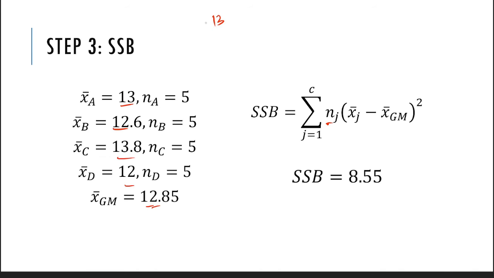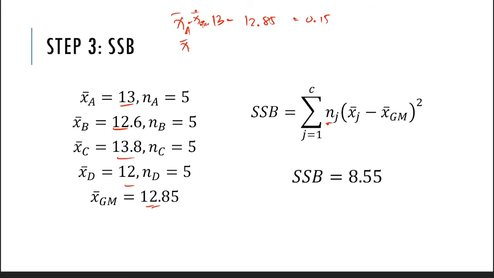So, isa-isahin natin for XA. We'll have 13 minus 12.85. So, that will be equal to 0.15. For the X, minus grand mean ito ha.